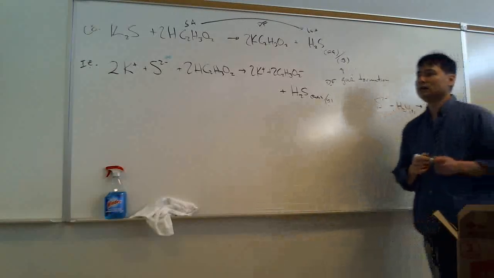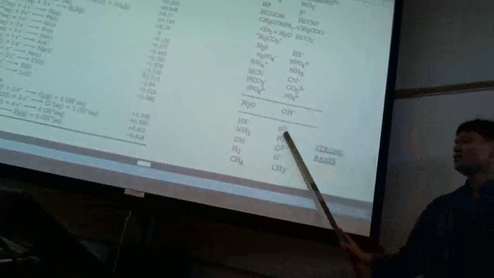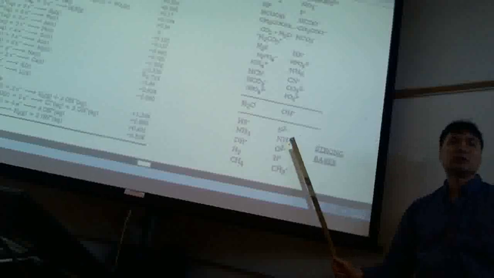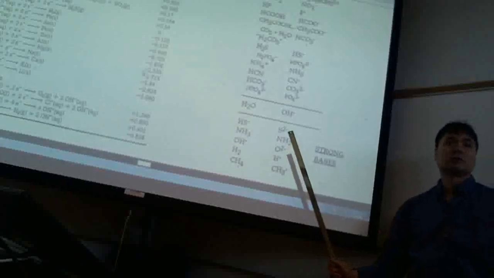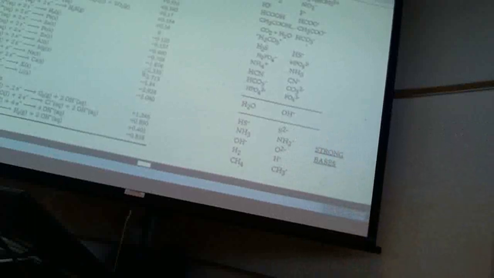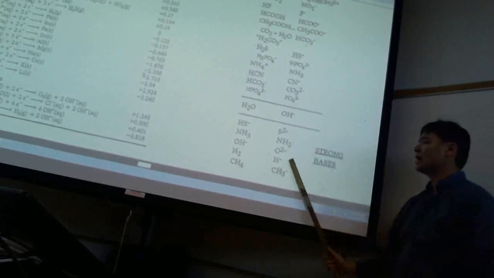In fact, all these bases here hydrolyze water pretty much 100%. And when they hydrolyze water, do you know what it forms? A base is a proton acceptor. It accepts a proton from water to form hydroxide. You see that? And so all these bases will react with water.